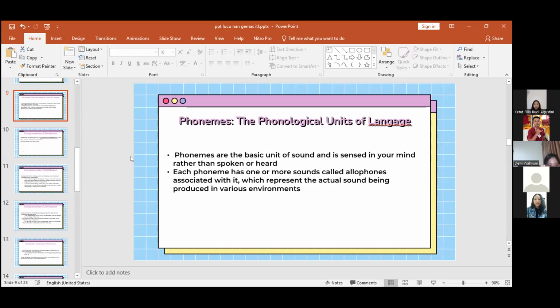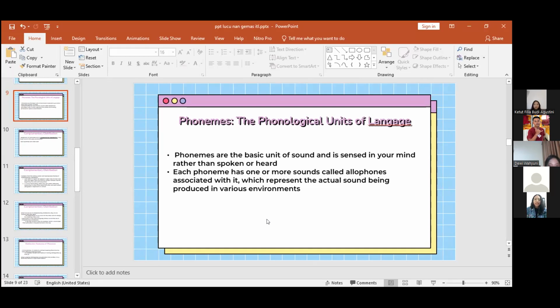The phoneme is the basic unit of sound and is sensed in your mind rather than spoken or heard. So basically, the phoneme is the smallest unit of sound, and we never speak of these phonemes, but rather we just hear or think of them in our mind, right?